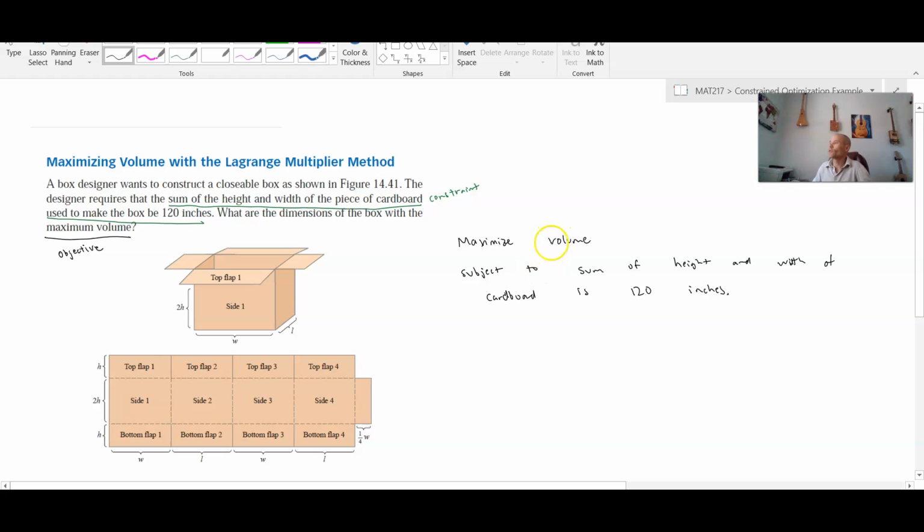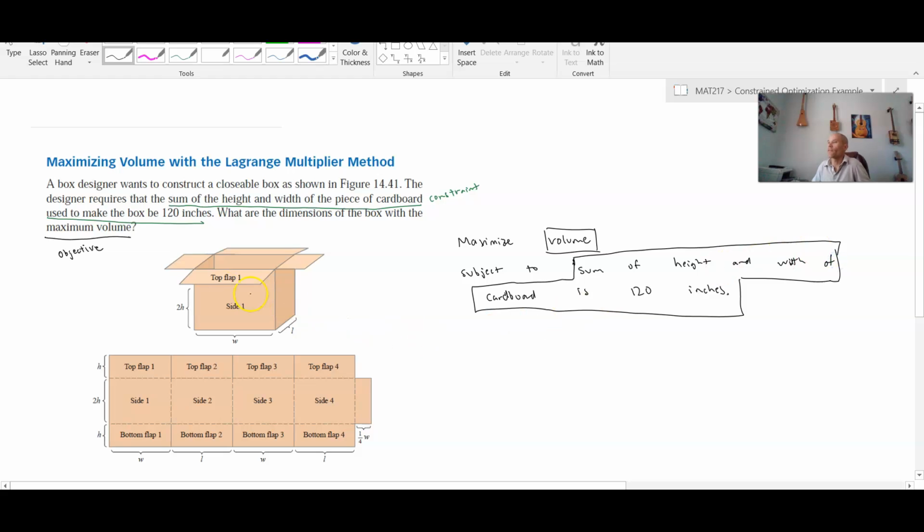Okay, so we have to do two things. We have to figure out what this volume function is, and we also have to write a function for the sum of the height and the width of the box to be 120 inches.